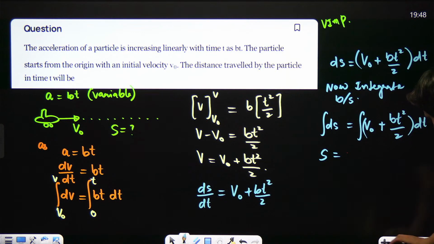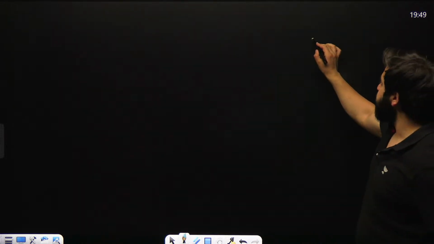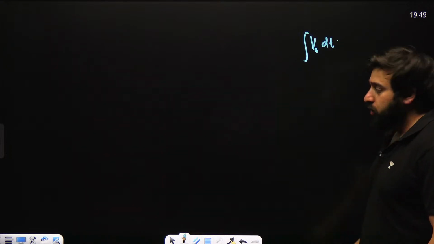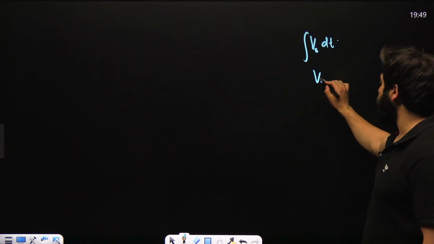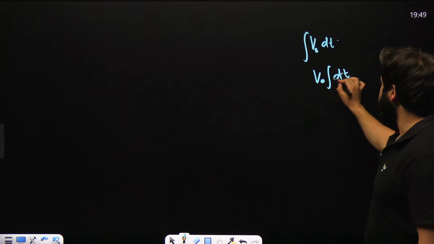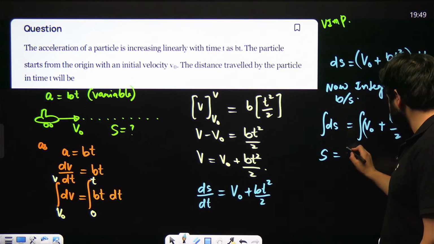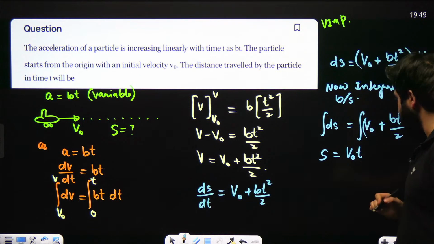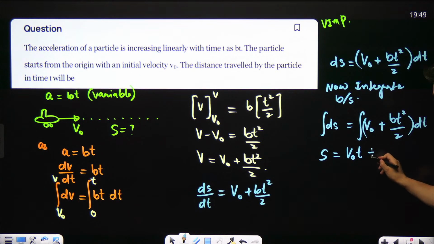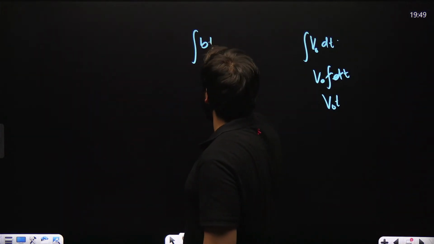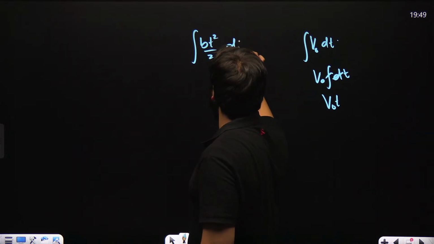Take this v naught out, integration of dt, so it will be v naught into t. Then plus integration of bt square divided by 2 and dt.